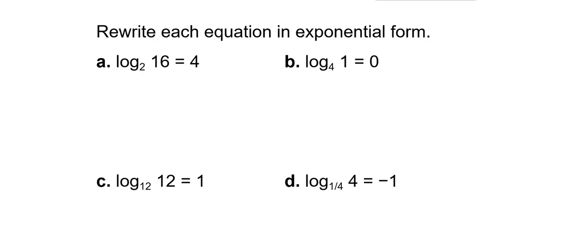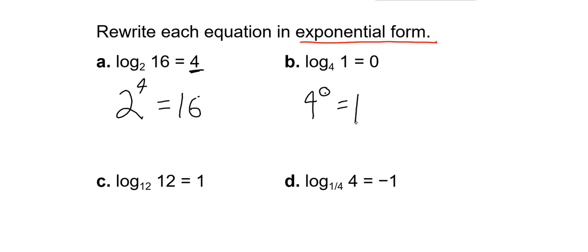So here are some other examples. Now here we want to write these going from a logarithm to an exponential form. So first one, the base of my logarithm is the base of my exponent. The answer to my logarithm is always my exponent, so this is equal to 16. Okay, this is log base 4 of 1 equals 0, so 4 to the 0 is equal to 1.